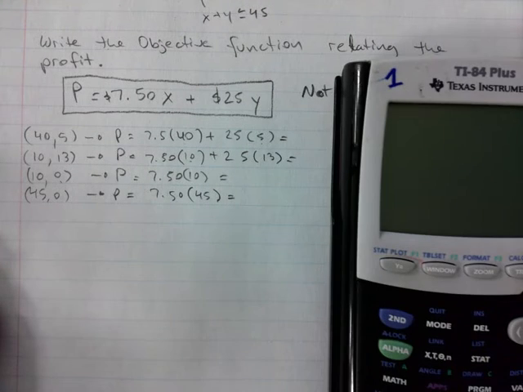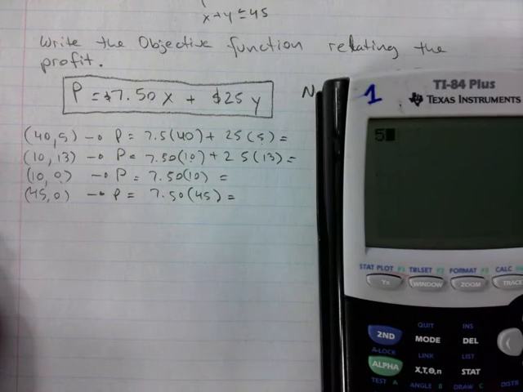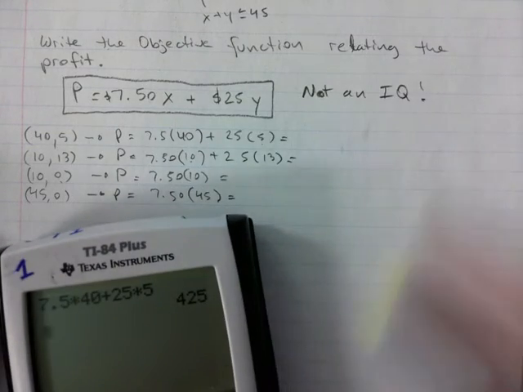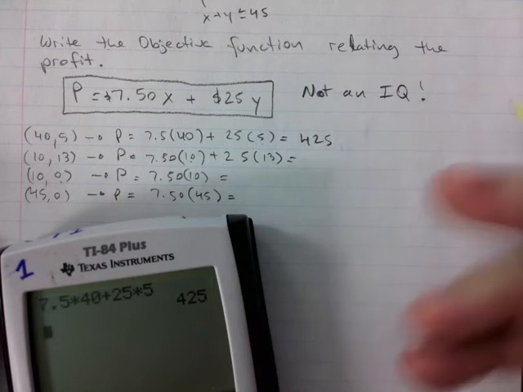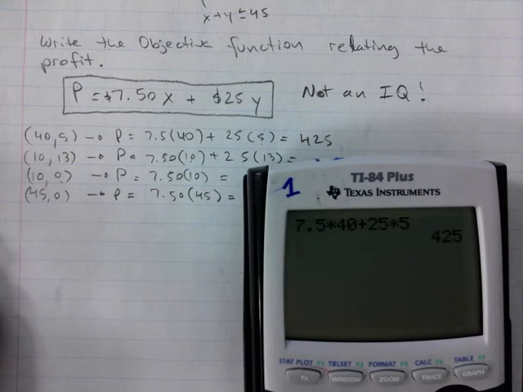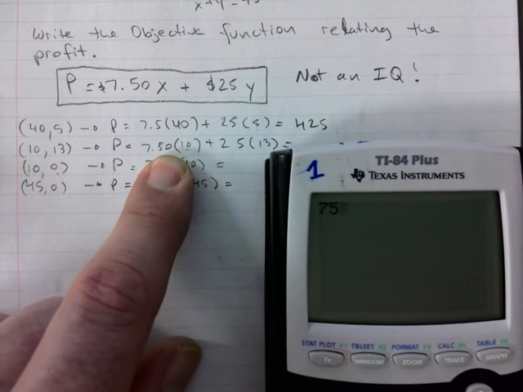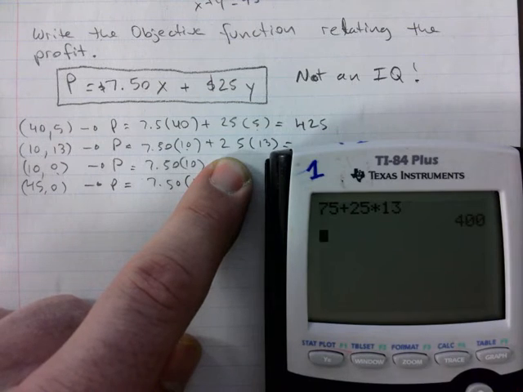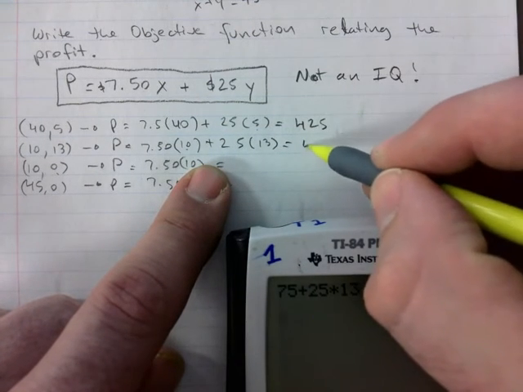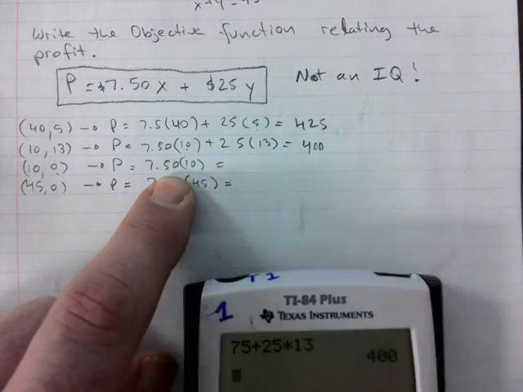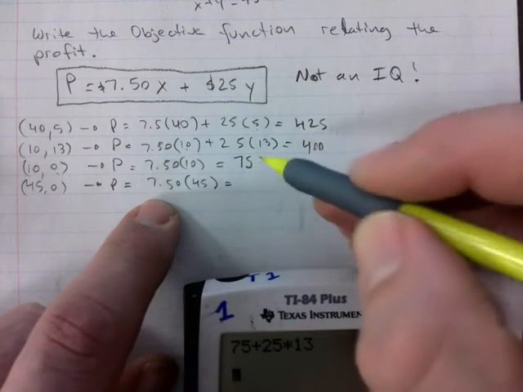Now you grab your calculator and just do what I do. I go 750 times 40 plus 25 times 5, which is 125, right? So you get 425 for the first one. Then this is going to be 75 bucks plus 25 times 13. So that's 400. And this is 75. I know that already.